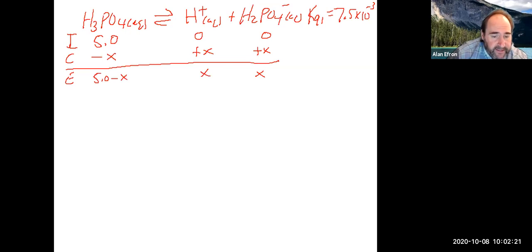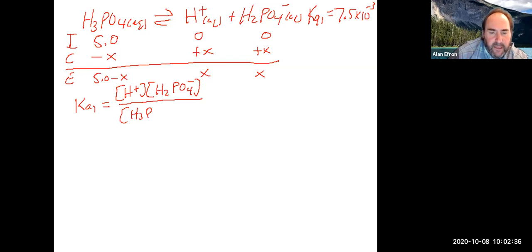We're going to put this into our Ka1 expression, and that is the concentration of H plus, H2PO4 minus, divided by our phosphoric acid, and that's going to equal, again, our Ka1 value. We're going to put our numbers in. That's going to give us x squared divided by 5.0 minus x will equal 7.5 times 10 to the -3.